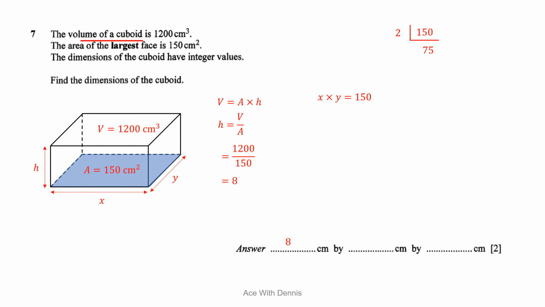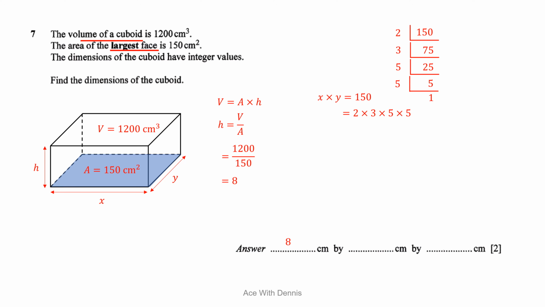First we divide it by 2, we get 75. Then we divide by the next prime number, 3, and we get 25. Then the next prime number, 5: 25 divided by 5, we get 5. You can still divide it by 5, and the last one is 1. Hence, the product of prime factors is 2 times 3 times 5 times 5.